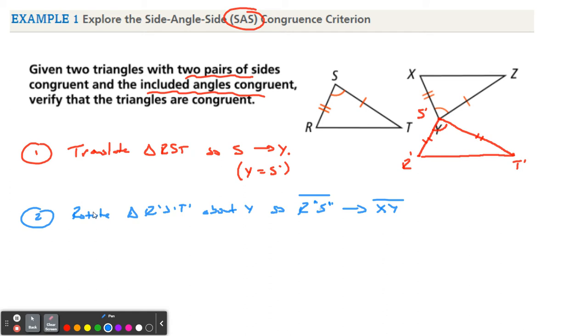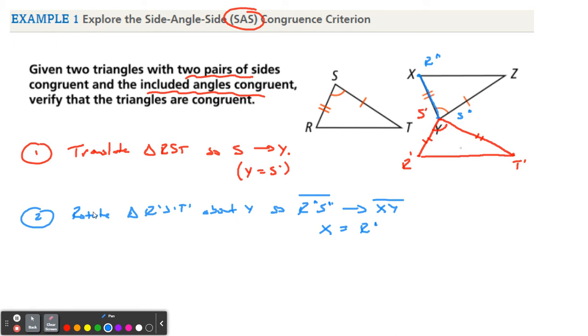What this means is that X is now going to equal R double prime. So I'm going to rotate this around all the way, counterclockwise, so that S stays put. This is still S prime, but now R came over here. So now this is R double prime, and now T is shooting out to the left somewhere.